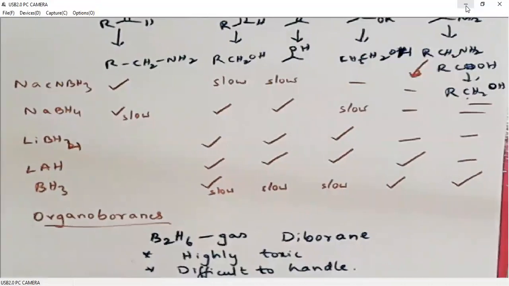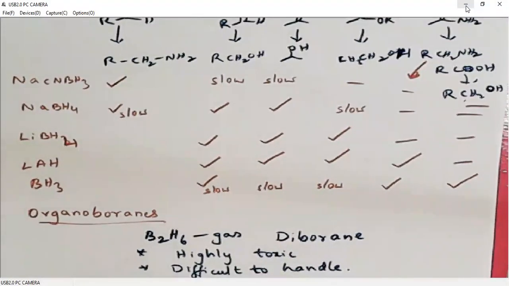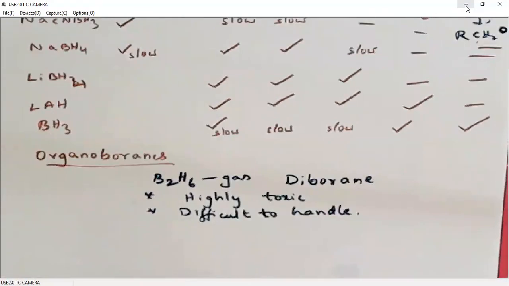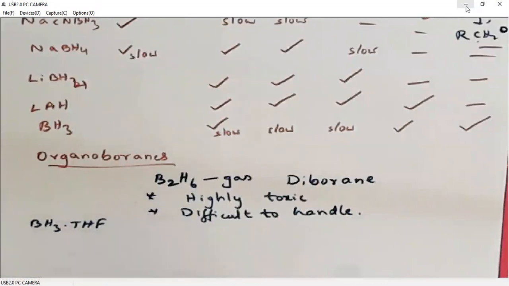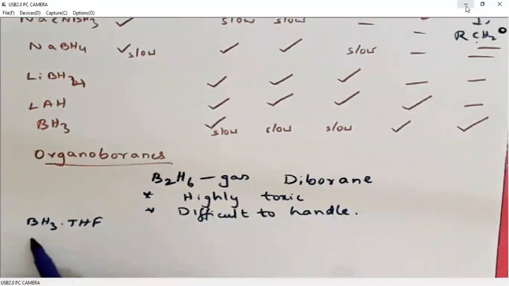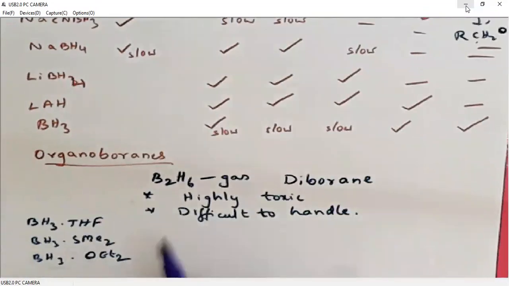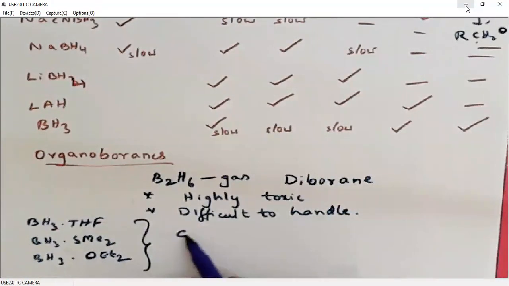So instead of a gas, if it is a solid or liquid, it would be better for easy handling, right? For that, there are some commercially available borane reagents. They are complexes with some oxygen groups, like BH3·THF, borane THF, or BH3·SMe2, a complex of dimethyl sulfide and borane, or a complex between borane and diethyl ether.